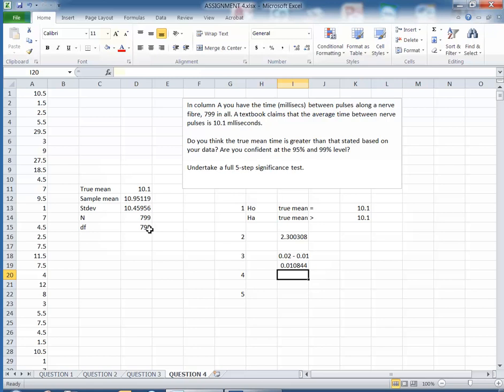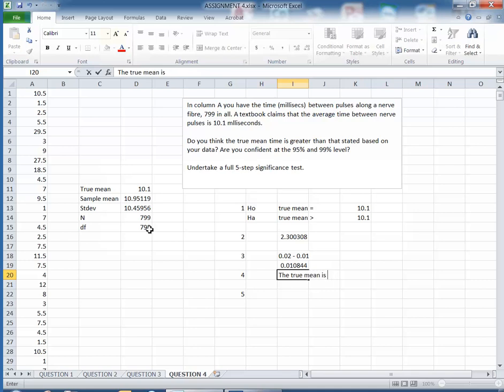So are we confident that the true mean is greater than the stated value based on the data? So is it greater than 10.1? Well, yes, we would, because the probability of our null hypothesis being correct is only 1%, or 0.010844.